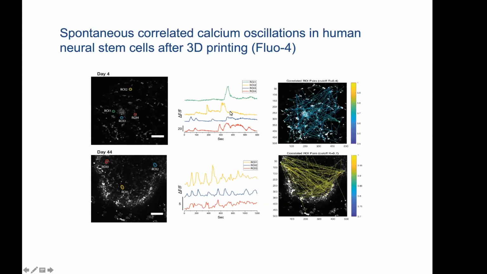But once they've been in culture for some time, after 44 days in culture, you see many more of the calcium oscillations, and they become highly correlated, as you can see in these individual ROIs. You can map this by using a computer program and see that these cells are really signaling to each other in the three-dimensional cultures.